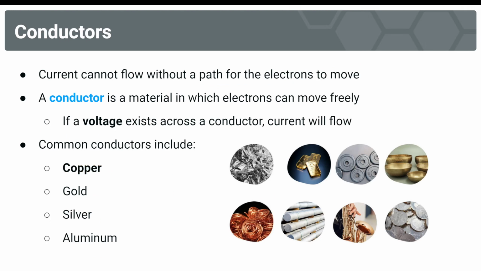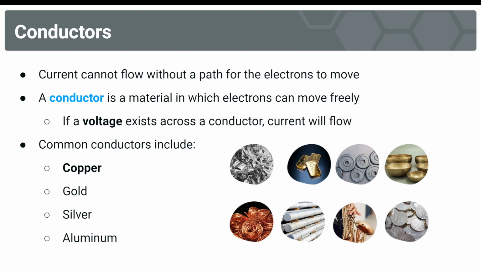Let's talk conductors. Current cannot flow without a path for the electrons to move. So we have conductors, which are materials in which electrons can move freely. If a voltage exists across a conductor, current will flow. Current will flow from the point of higher electric potential in the conductor to the point of lower electric potential. And so we have these materials, these nice images shown on the right, gold, copper.